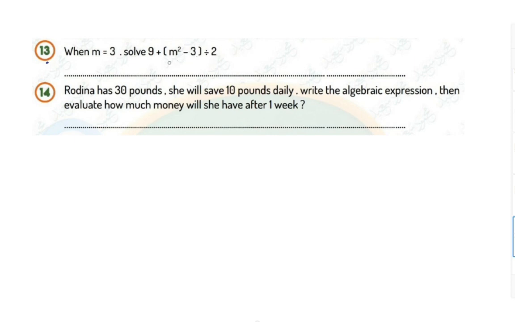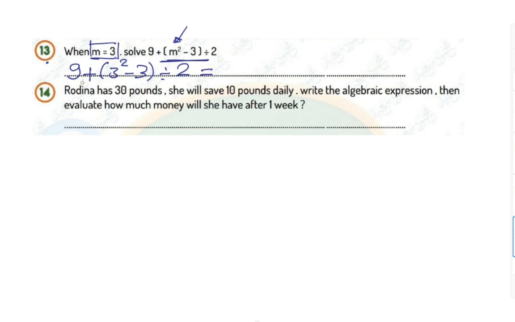So I have an expression with a variable m, but he gave me the value of m. So I will rewrite this expression with the value of m. m equals 3. So 3 to the power 2 minus 3, divided by 2, that's equal.